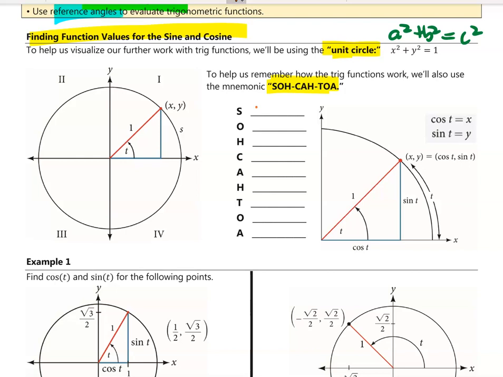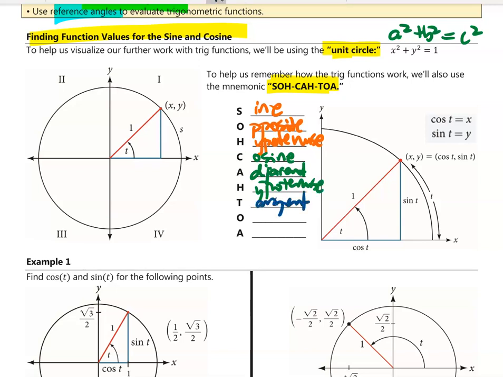SOHCAHTOA means S is sine, O is opposite, H hypotenuse, then cosine adjacent, hypotenuse, then tangent, opposite, and adjacent.